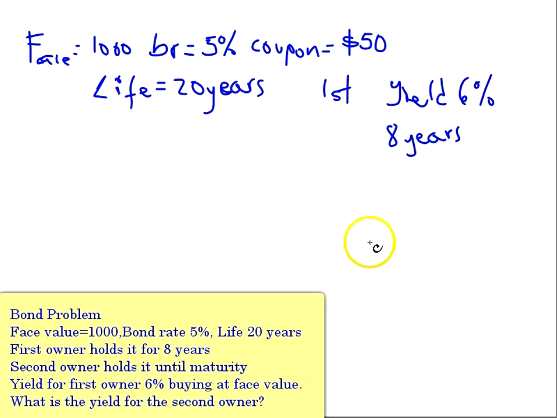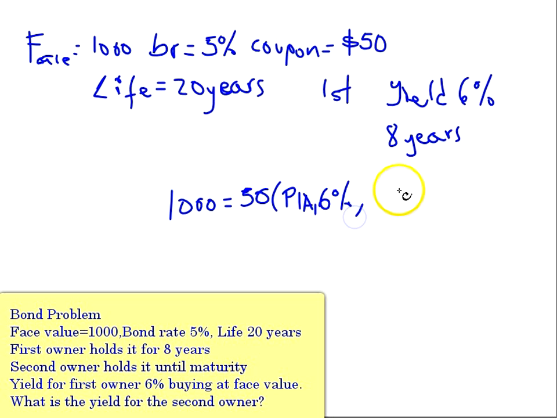So the question for this part of the problem is what was the selling price for him if he's making 6%? Well, the present value, which is $1,000 since he acquired it at the face value, should be equal to the bond coupons, which is $50 times P given A at 6%.